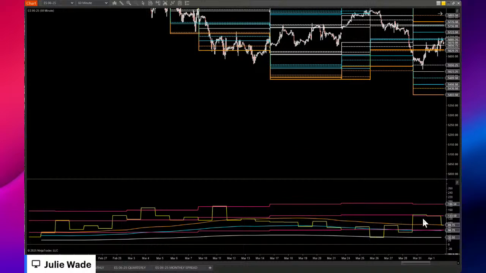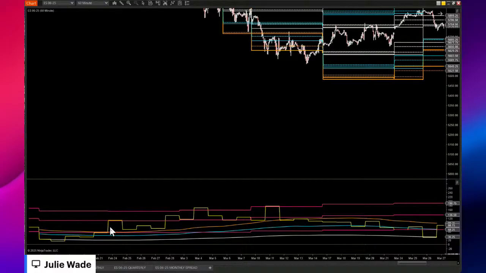There we go. So here you can see that it went up to the weekly 2 outside the daily 1, the daily 3, outside the daily 3 to the weekly 2. Here we're outside the daily 3. You see all that? We're outside the daily 3, and here we went to the weekly 3.